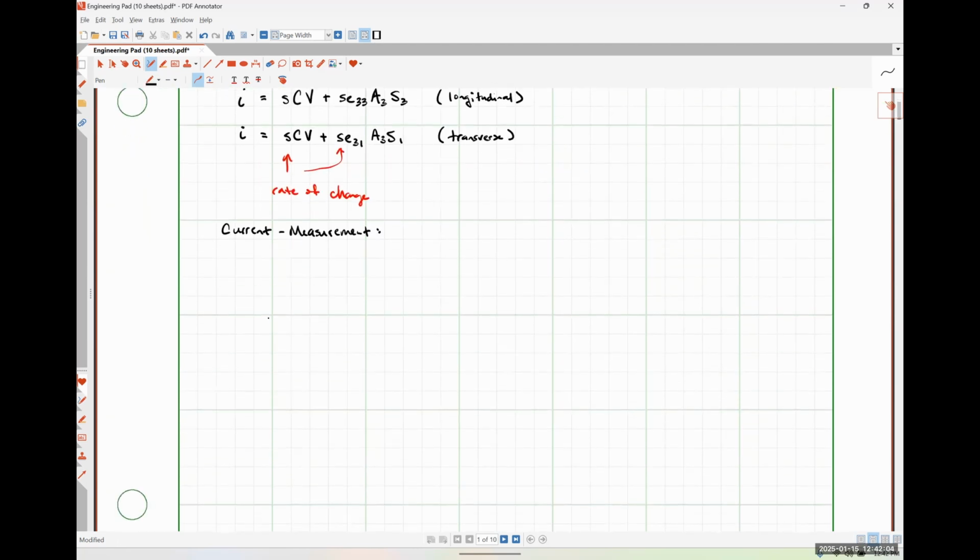So if we have our piezo element, and I'm just going to literally draw that as a simple box here. One leg of this guy is grounded, and then the other leg of this guy is connected to our amplifier system. So I'm just going to have a simple op-amp based circuit here, utilizing negative feedback.